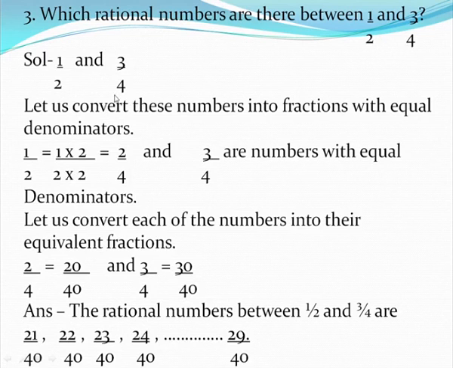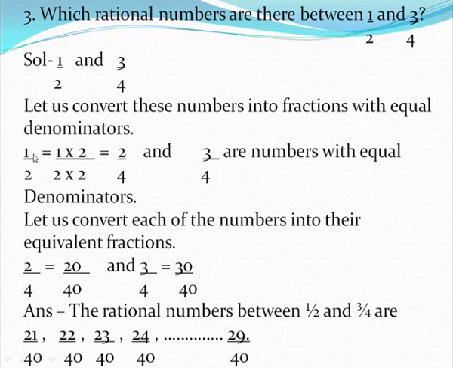In order to make the denominators the same, we will see both the denominators. Here it is 2 and here it is 4. Now we know 4 is 2 times 2. So we will multiply the numerator and denominator of the first rational number by 2. So let us convert these numbers into fractions with equal denominators.